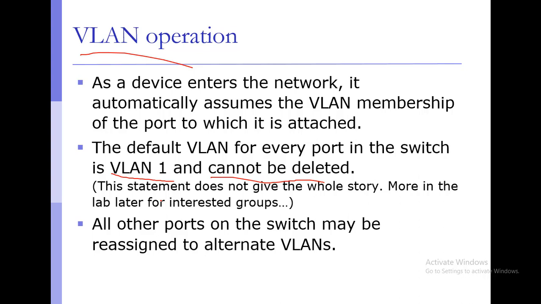This statement does not give the whole story, because there is a chance that there are more than one VLANs, or 10 or 11 VLANs. You do not have any idea about the whole scenario of the topology. So all other ports on the switch may be reassigned to alternate VLANs.